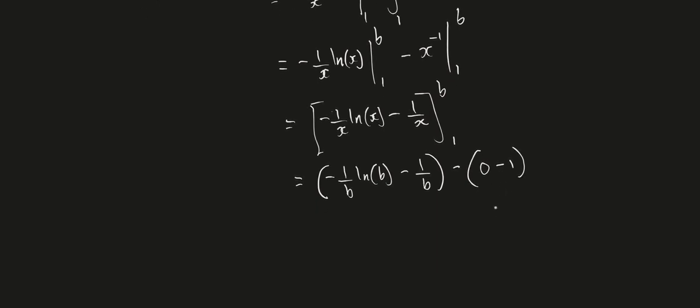So here's our area function. This is a positive 1, so I'll put the positive 1 in front, and then write this as minus the natural log of b over b, and then minus 1 over b. So this is our area function for natural log of x over x squared from 1 to b.